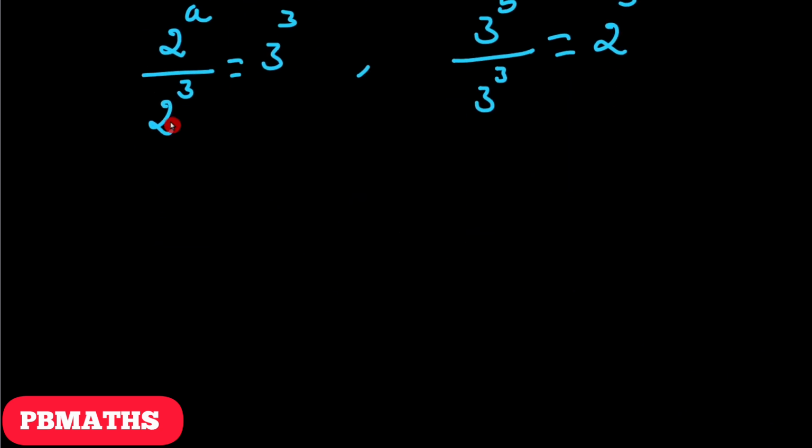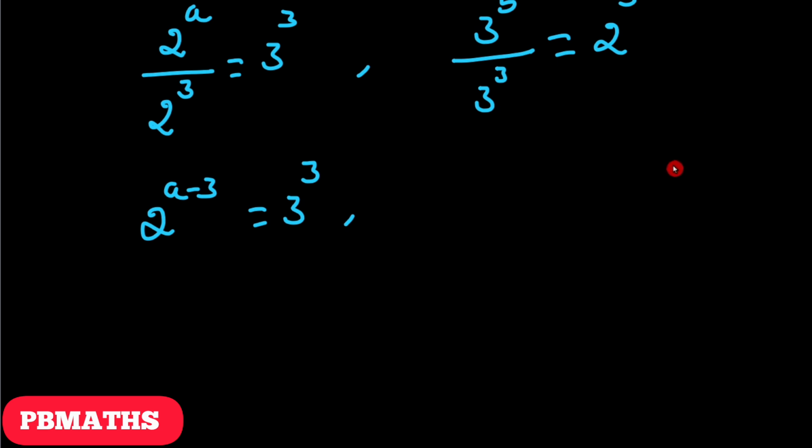Further, we will write this as a to the power m divided by a to the power n, that means a to the power m minus n. Using that law, we can write this as 2 to the power a minus 3 is equal to 3 to the power 3.